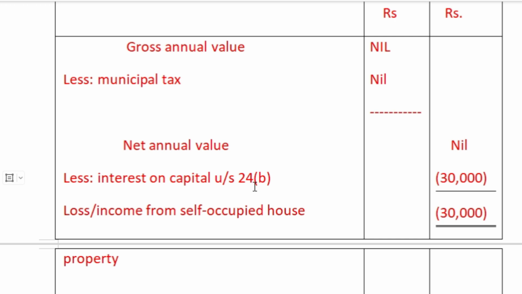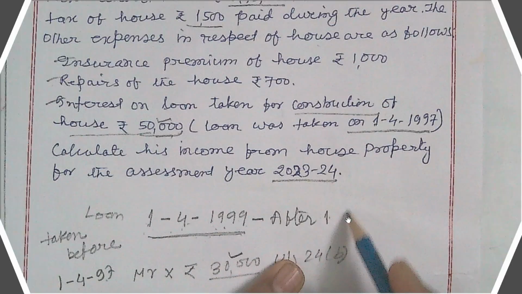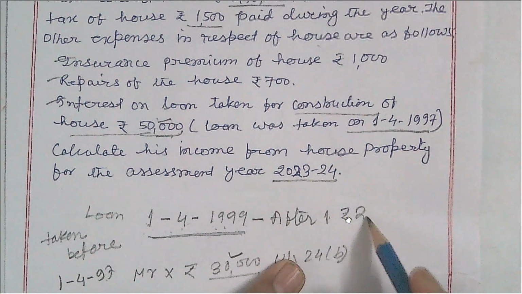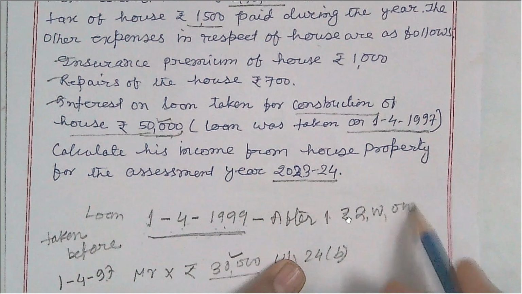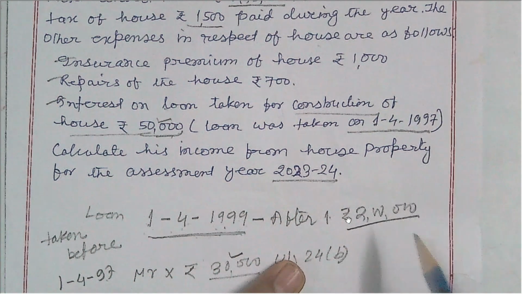Another provision is that if the loan amount is borrowed on or after 1st April 1999, then the deduction will be maximum rupees 2 lakh. Maximum rupees you can write rupees 2 lakh maximum deduction.